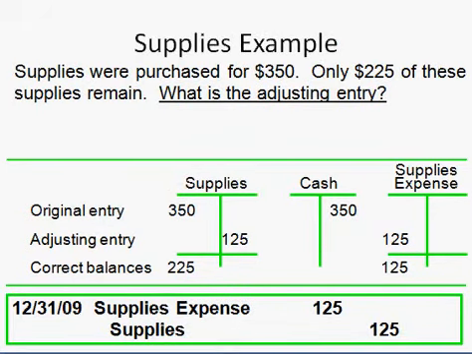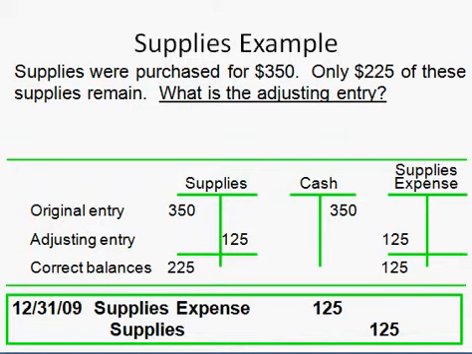Okay, and I gave you one more example here because this is a common one of supplies. So basically, supplies were purchased for $350. Supplies is an asset account, and when you purchase supplies, they come into a company as an asset, and then as you use the supplies, you take them out of that asset account and put them into the expense account. So when we originally bought the supplies, we would have debited supplies for $350 and credited cash for $350. And then what it's telling us is that we have $225 of these remaining.